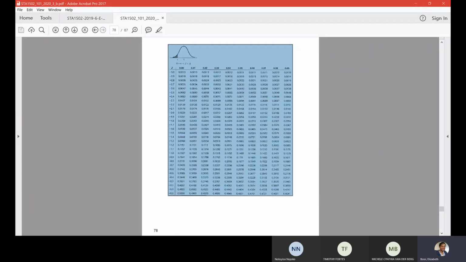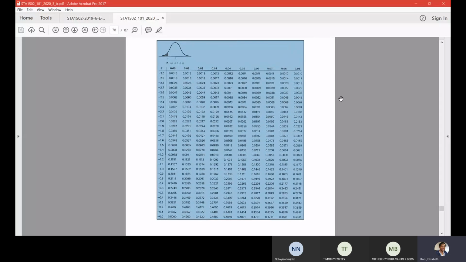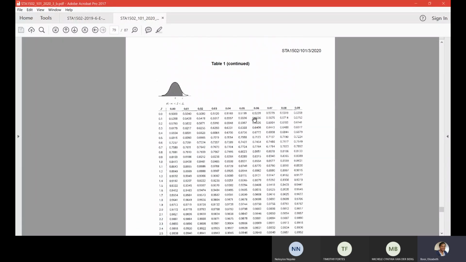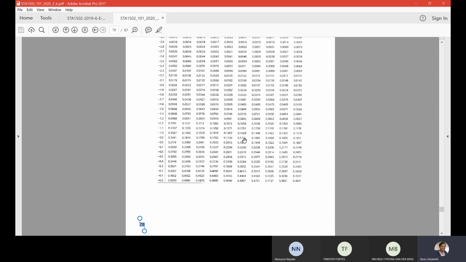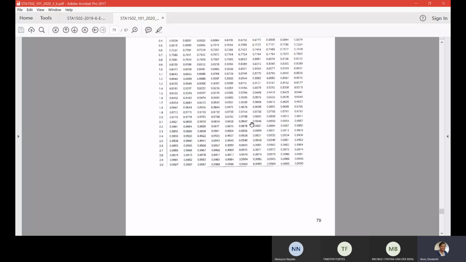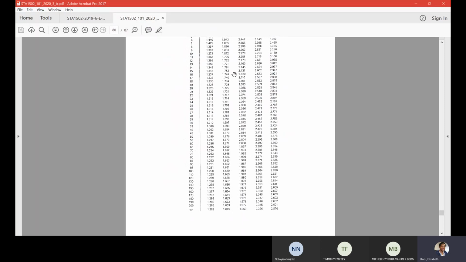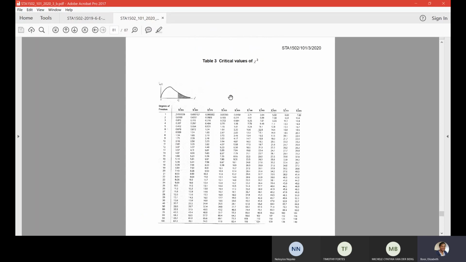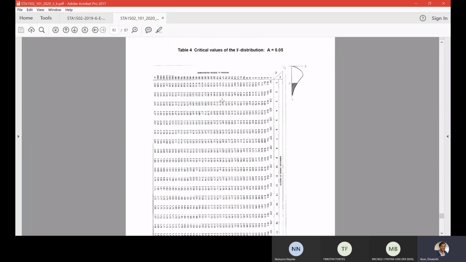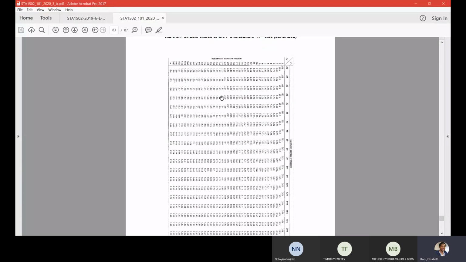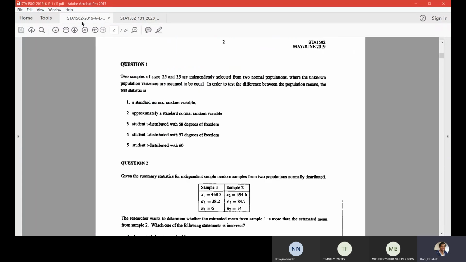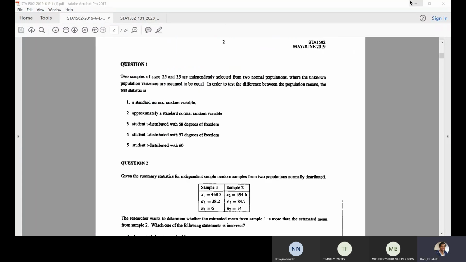If you don't have hard copy material, then have the tutorial letter 101 open somewhere where you can always refer to your tables, because you're constantly going to come here and look at the tables, mostly for the critical values or the probabilities when you're calculating probabilities. Okay, so without wasting any more time, let's get into it.